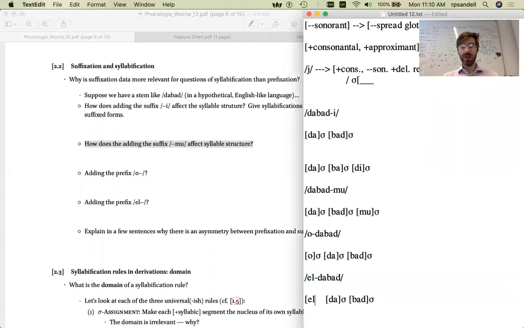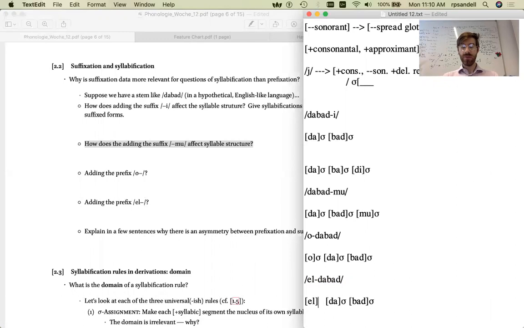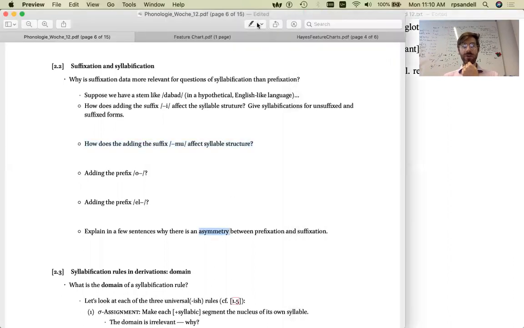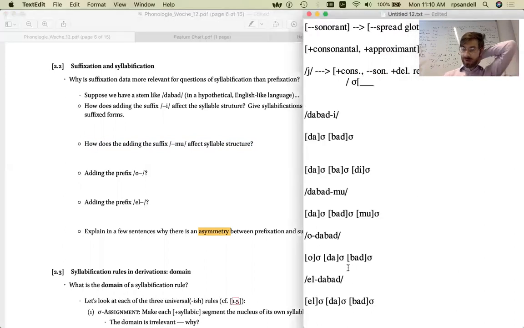Instead, most likely, we will just add a further syllable el, and in principle, it would be possible to make a complex onset leda, but that's less likely, and by rules of syllabification in English, is not likely to happen. So we see something of an asymmetry here, something of a difference in behavior between prefixation and suffixation.